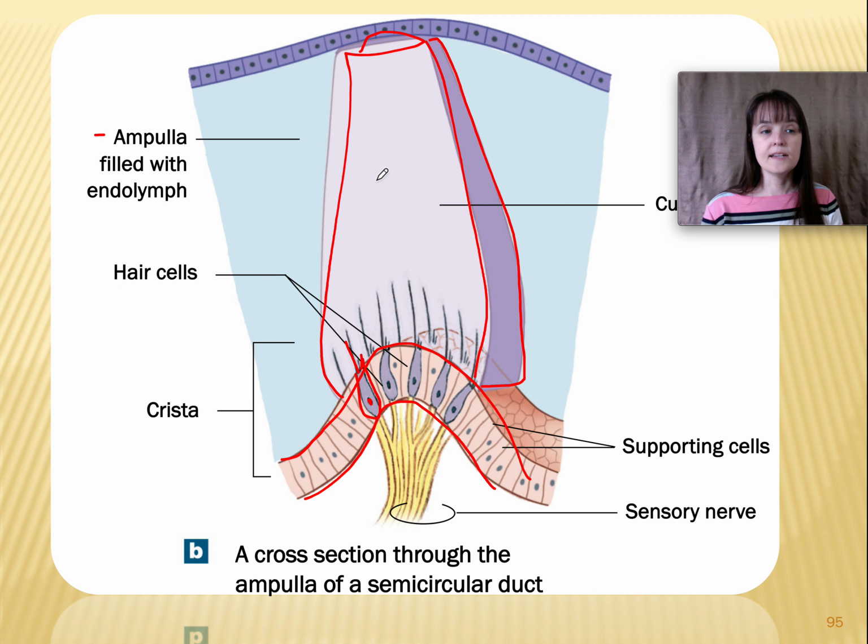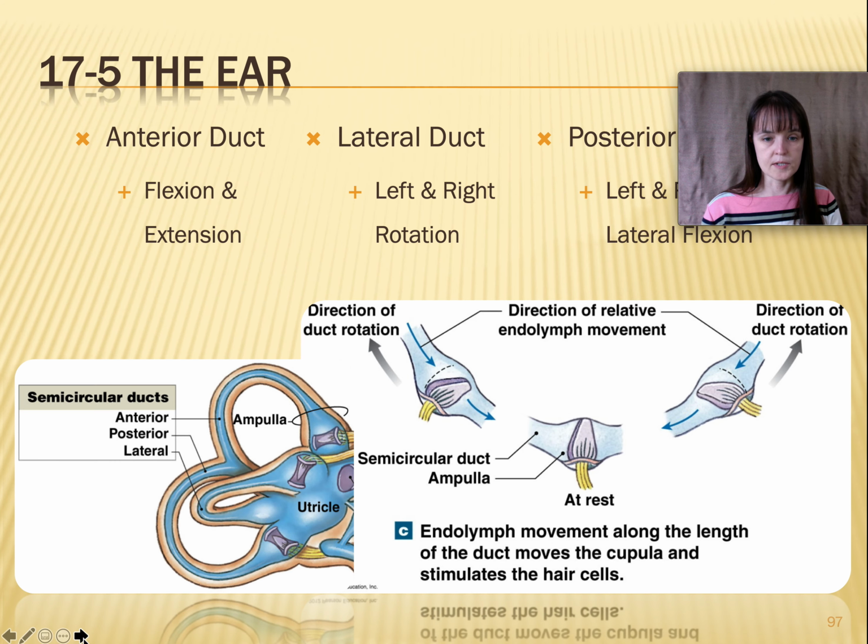And it's got endolymph on both sides. And then there's, of course, the sensory nerves monitoring those. So when you rotate your head, let's talk about the lateral semicircular canal, because it's parallel to the floor.